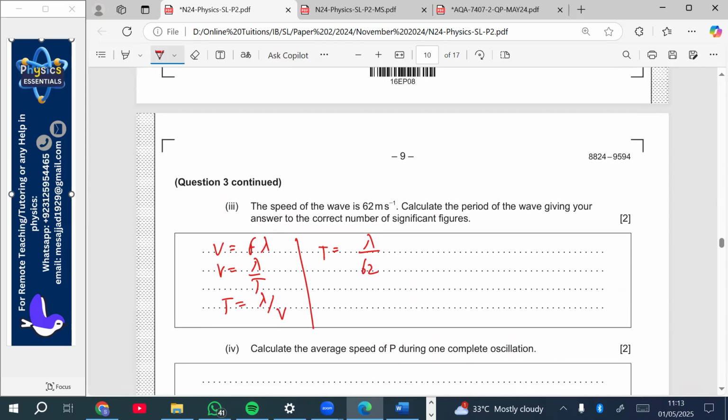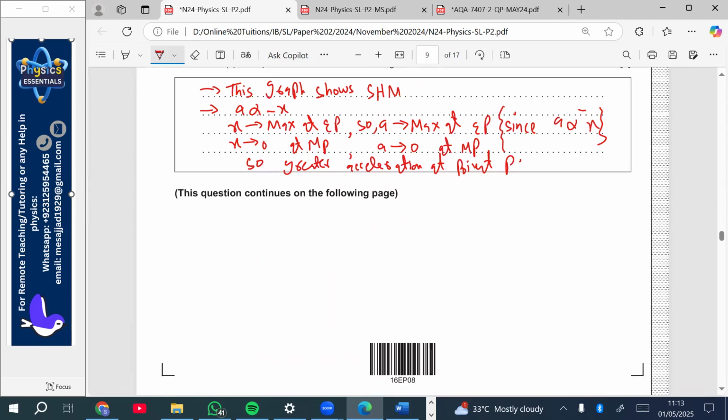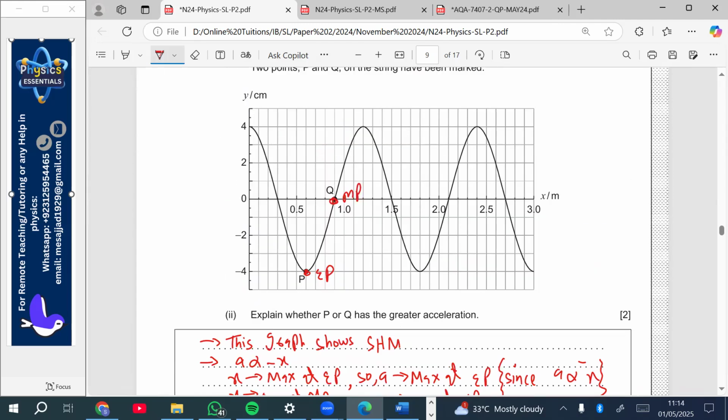Now you need to find out the wavelength. You can see that this is a displacement versus distance graph, and this kind of graph always gives you wavelength, not time. Remember, if you have a displacement-time graph, it will give you time period, not wavelength.